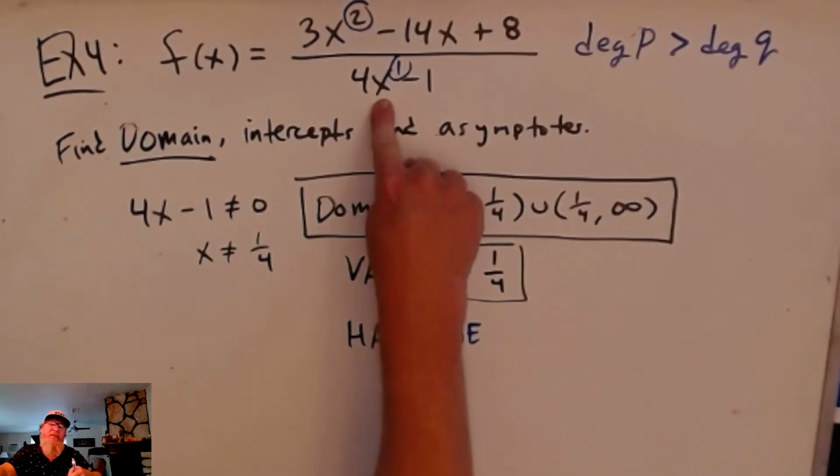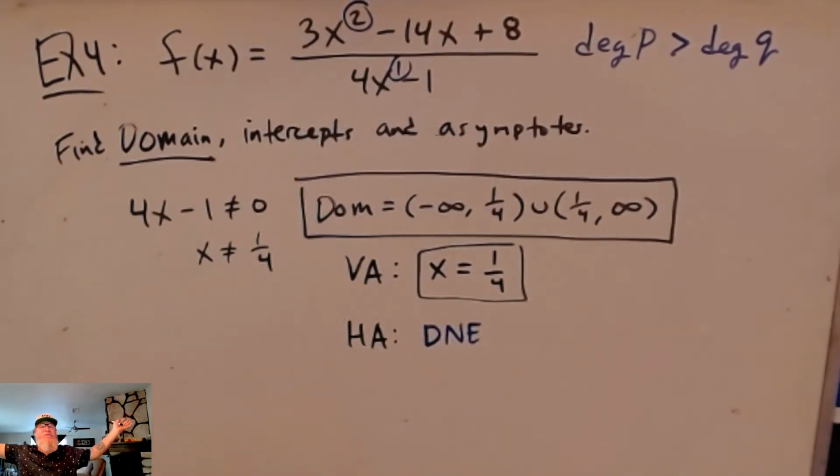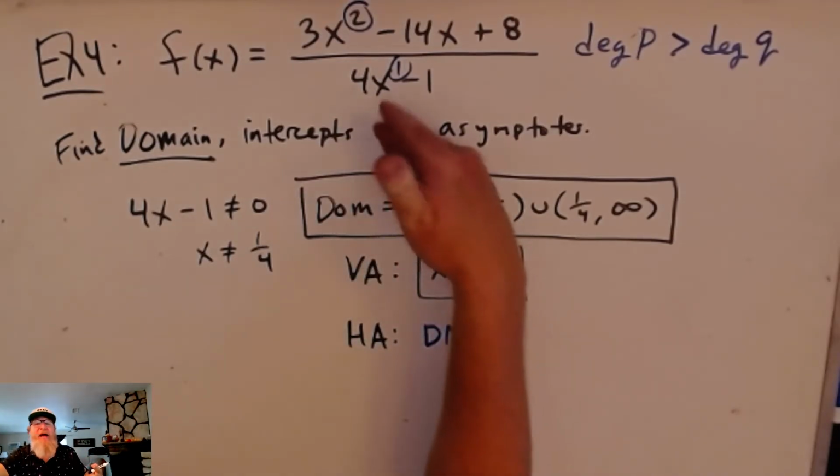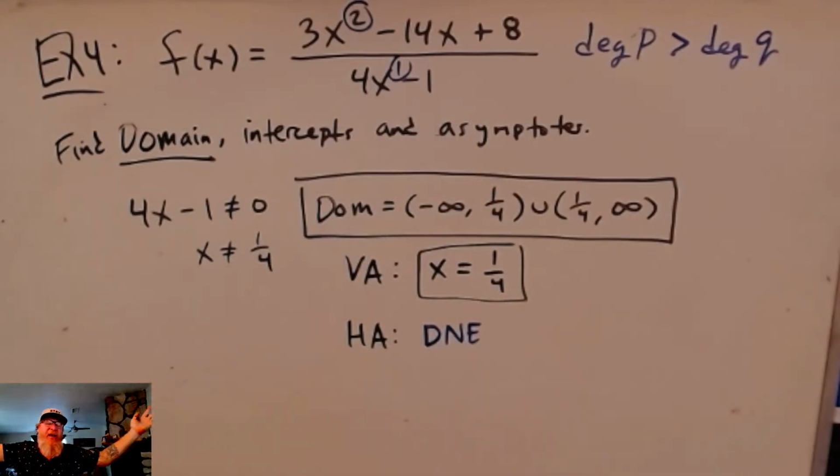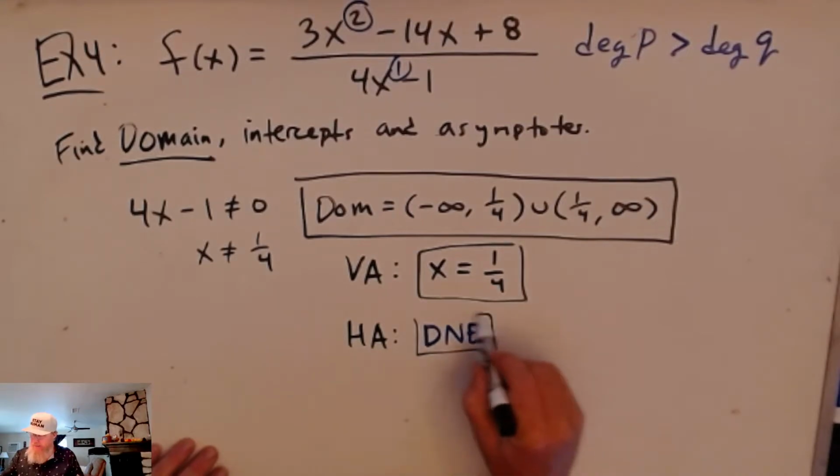Right, and so even though the denominator is still pretty big, 4 million, the numerator is enormous. Right, I like to think of it as swallowing up the value in the denominator. So the numerator dominates the value, and that just doesn't have a tendency to approach any particular number. Although it might approach something, it's just not a number, and we'll get into that later. Okay, so there is no horizontal asymptote. Just put DNE, does not exist.